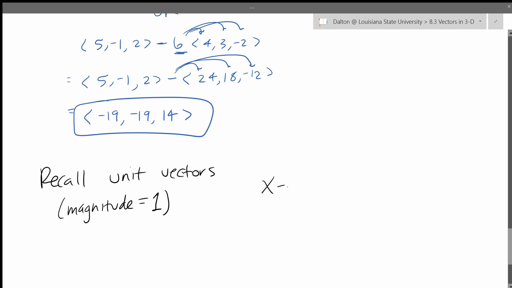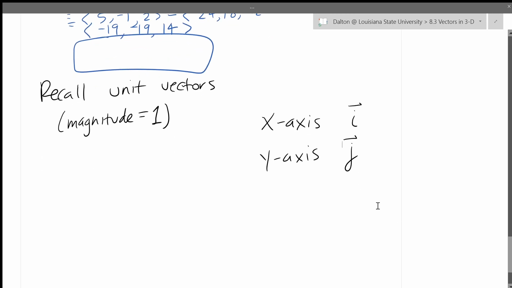So in the x-axis direction, that vector was called vector i. In the y-axis direction, we had vector j of a magnitude of 1. So as I'm sure you could guess, in the z-axis direction, continuing our alphabet here, we're going to have vector k.